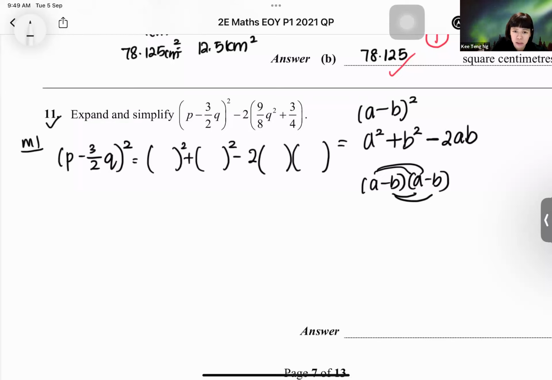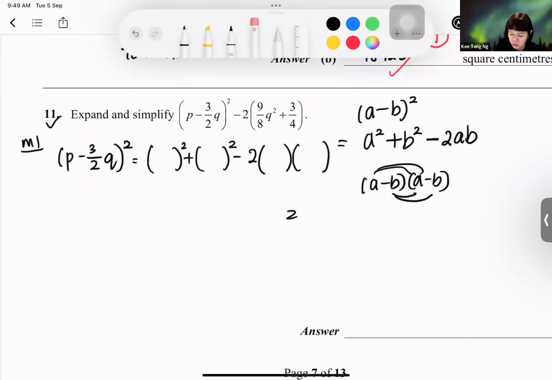It's not just 2 minus P minus 3 over 2. Some people write 2P minus 3 over 2Q like that. This is wrong. You need to add in brackets. It's a multiplication. So don't let your formula confuse you. They are what they actually mean.